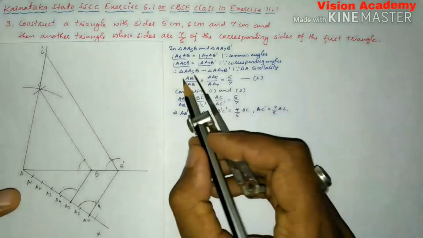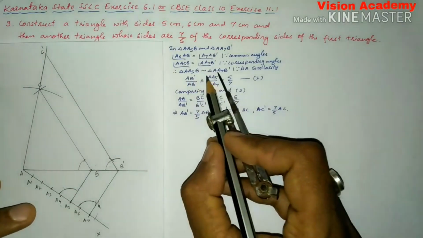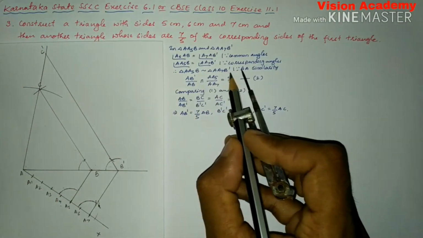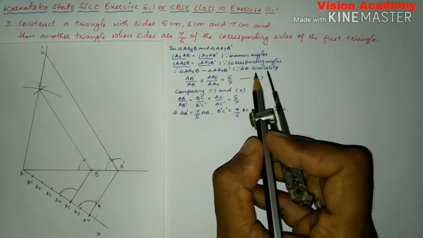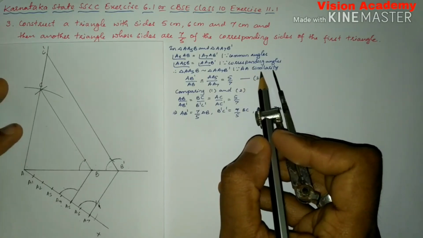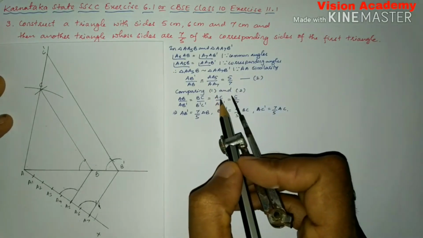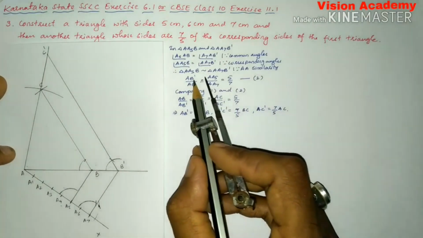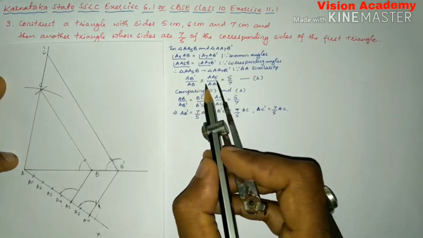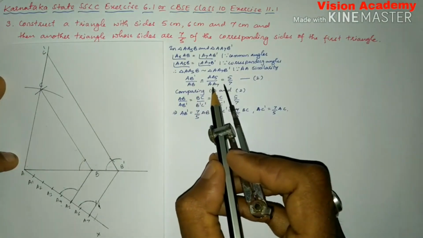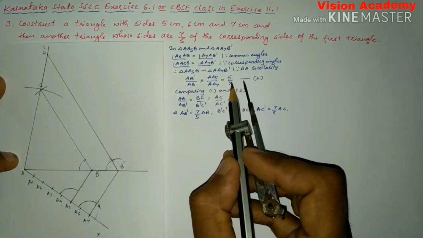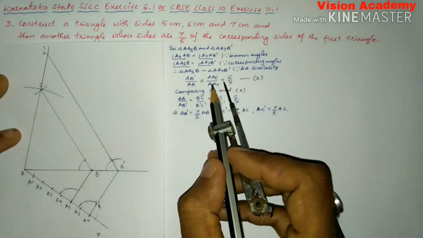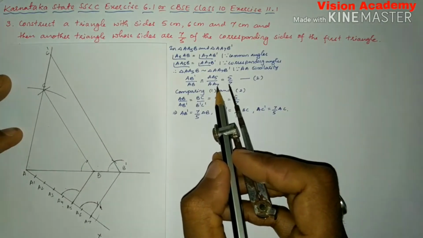Therefore, triangle A5B is similar to triangle A7B' because of the angle similarity criterion. Now we can say that this corresponds to AB'/AB = A5/A7 = 5/7. So this is because of the basic proportionality theorem.